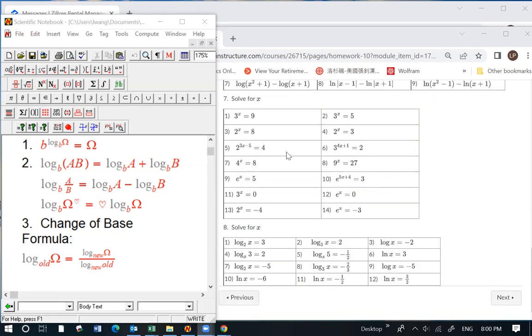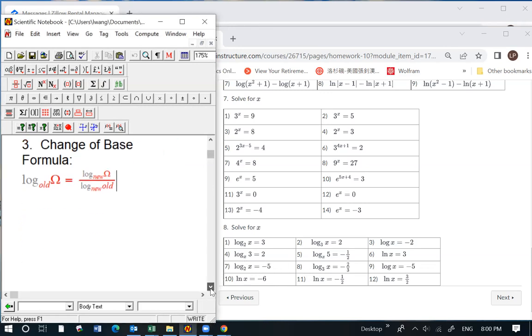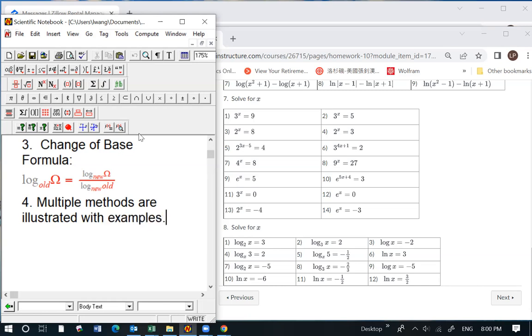Number 7 is solving equations, simple equations for exponential functions and simple equations for logarithm functions. In this section, multiple methods are illustrated with many examples.